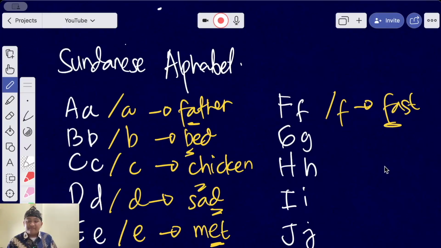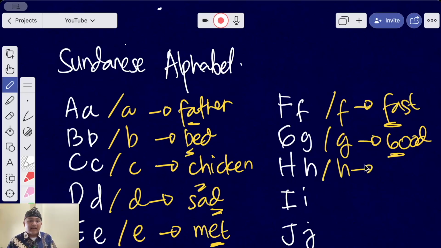This one is G, the G of good. This one is H as in hotel, the H of hotel.